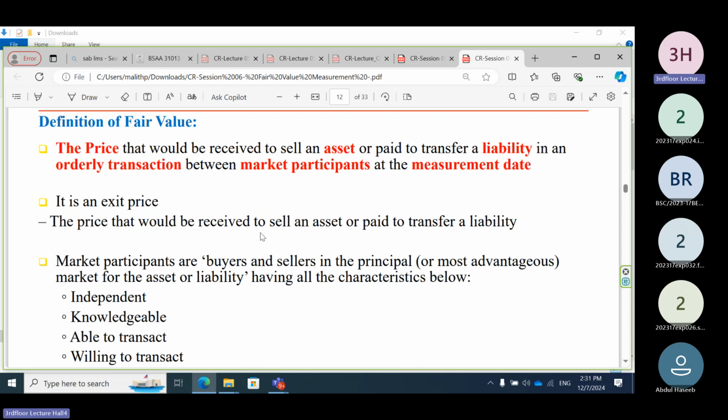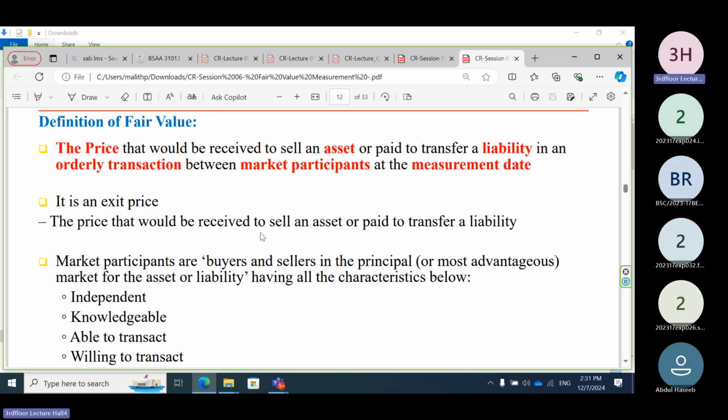If you don't have the intent or interest to do the transaction, then it is not a fair value.